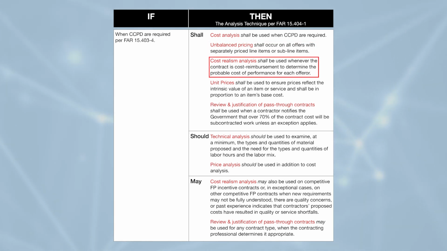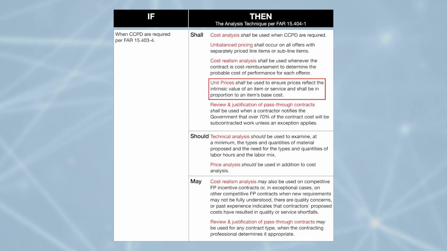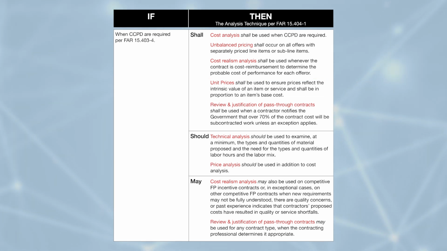Whenever the contract is cost reimbursement, to determine the probable cost of performance for each offeror, cost realism analysis shall be used. Unit prices shall be analyzed to ensure that prices reflect the intrinsic value of an item or service and shall be in proportion to an item's base cost.